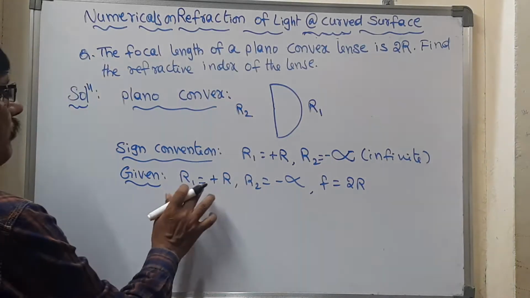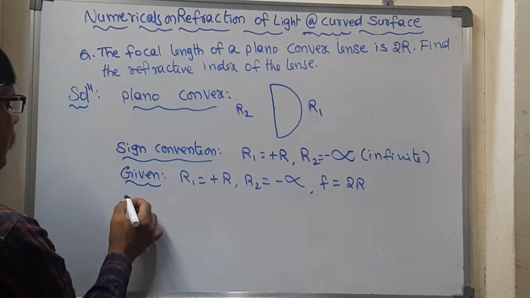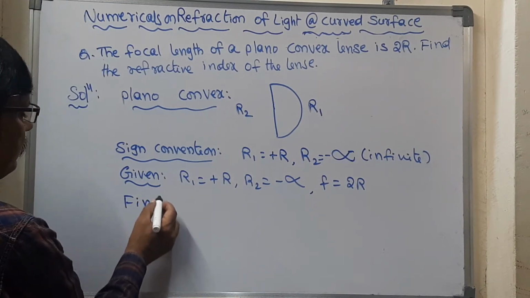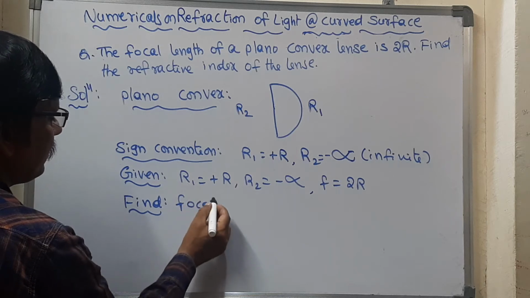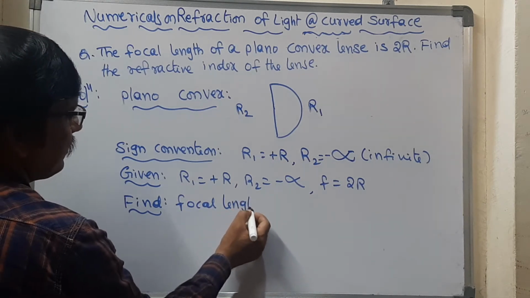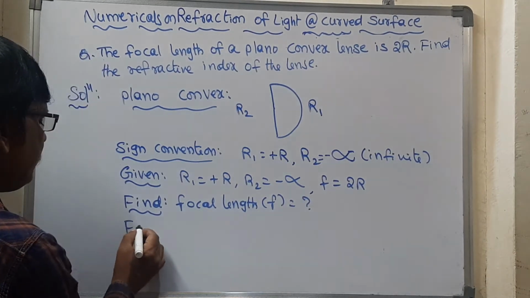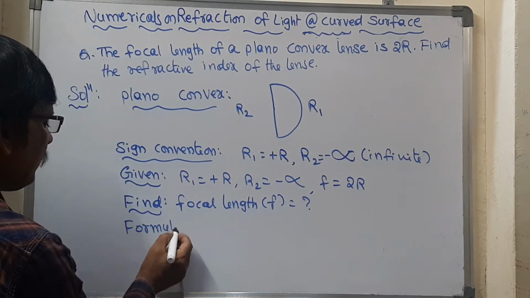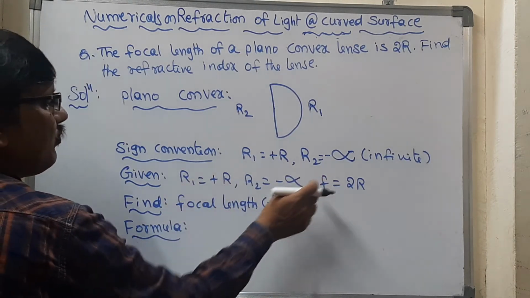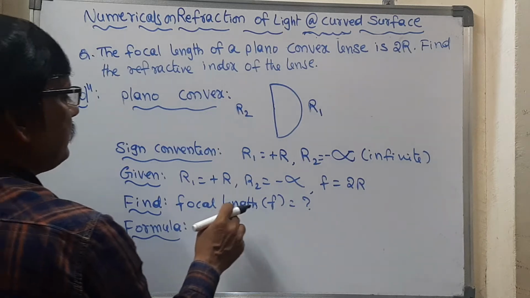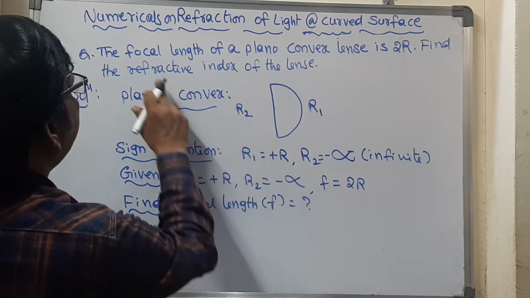And so then by this data what formula can we apply? What is asked to find out? Given, find. Focal length is given, and we should find the refractive index.